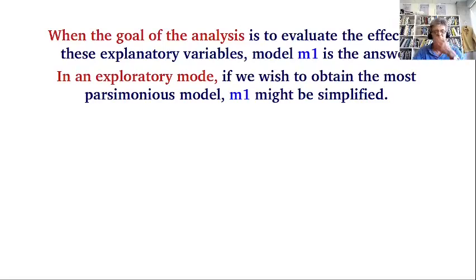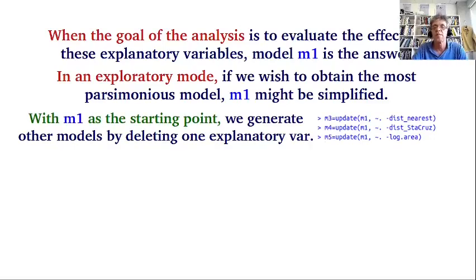When we are in an exploratory mode of analysis, we might wish to obtain a more parsimonious model. In this case, we might consider the fitted model M1 as a starting point, in that it might be simplified. So taking M1 as a starting point, we generate other statistical models by deleting one explanatory variable at a time.